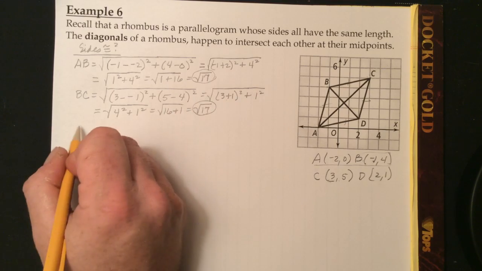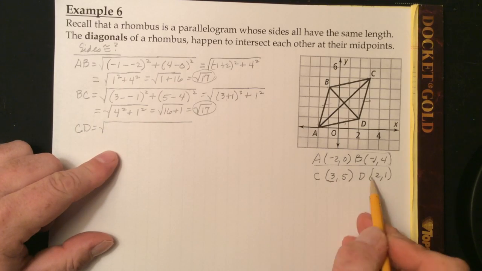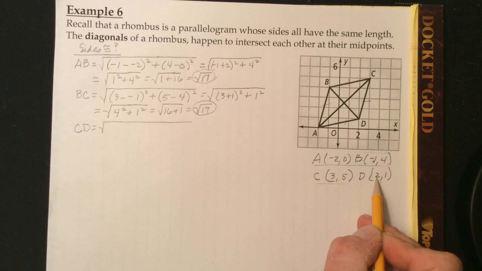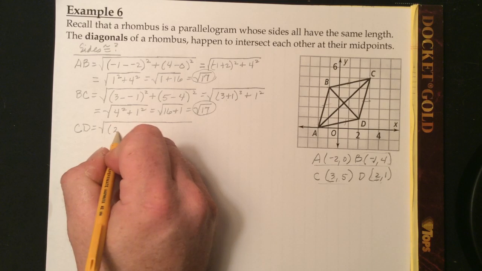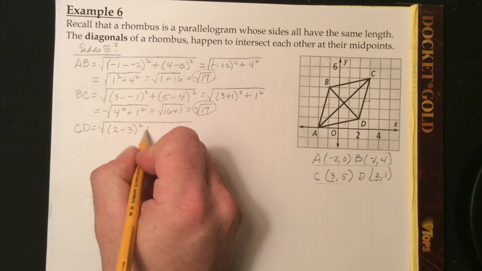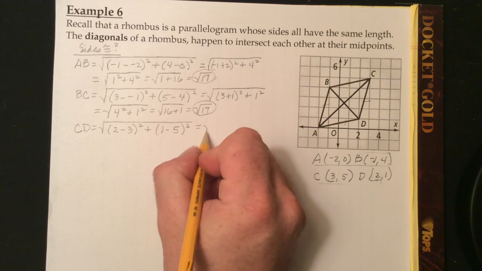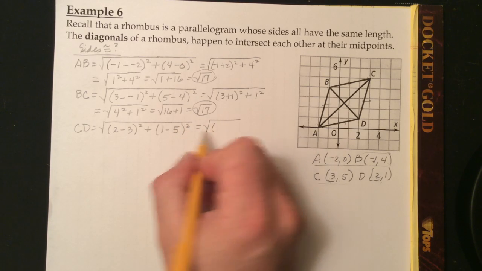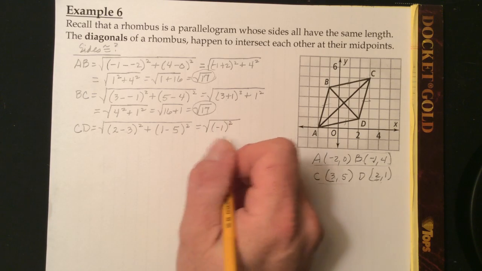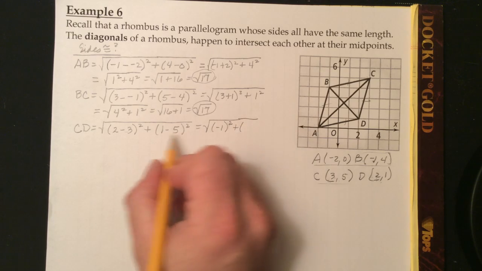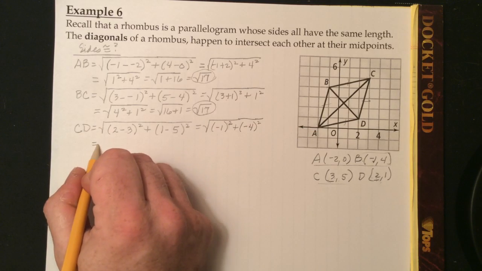That's good so far. CD, same thing. I'm going to use these 2 points right here. I'm going to start with the 2 and move back over to this other point. So we have 2 minus 3 squared plus 1 minus 5 squared, those are the y's, equals the square root of, we have 2 minus 3 is negative 1 squared, don't forget your parentheses around the negative, plus, and then again 1 minus 5 is negative 4 squared in parentheses.